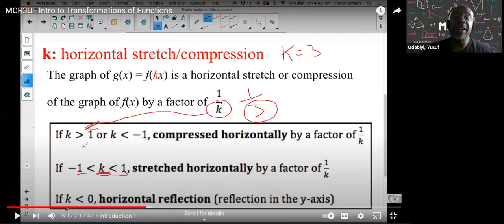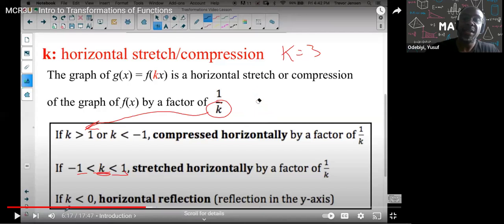Okay? And this makes sense because look at the value. It's 1/3, a small value, a fraction. Because my K is greater than 1, when I plug it into this equation of 1/K, it becomes small. Therefore, I'm compressing it.